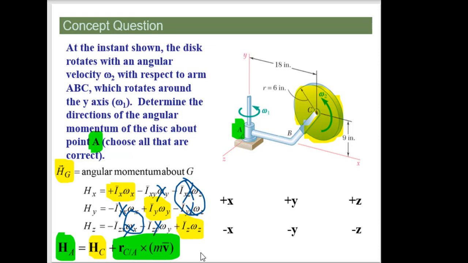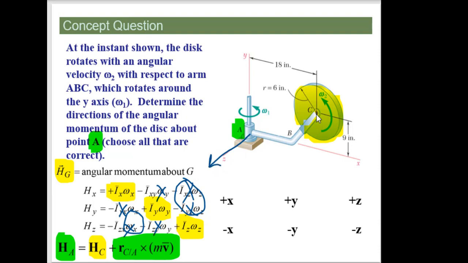That comes from like the parallel axis theorem. So let's concentrate on this yellow chunk of it first and get Ix wx, Iy wy, Iz wz. If we add up all of our angular velocities, what directions are those in? So here is my z direction.